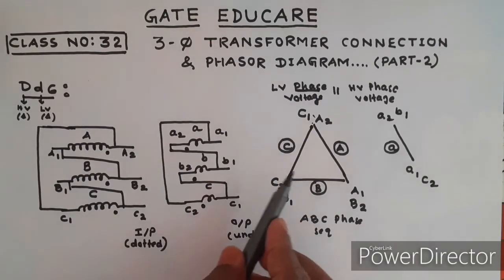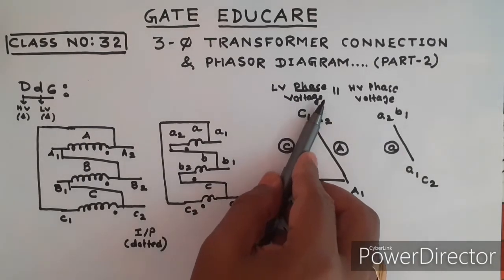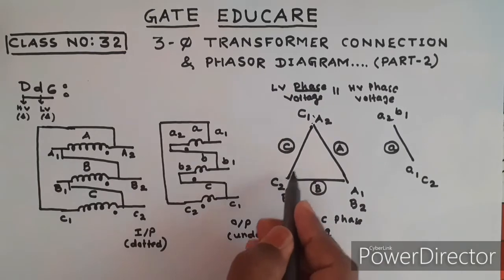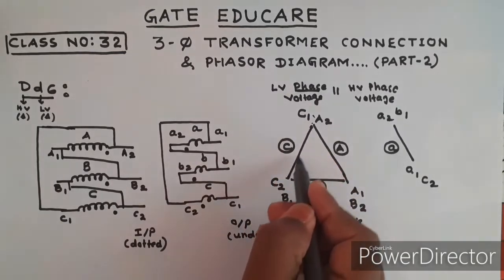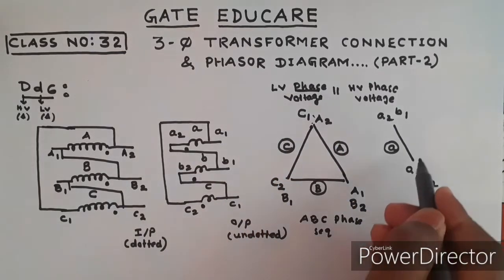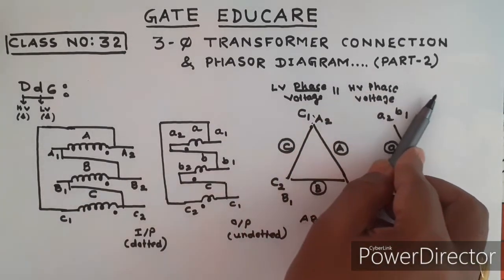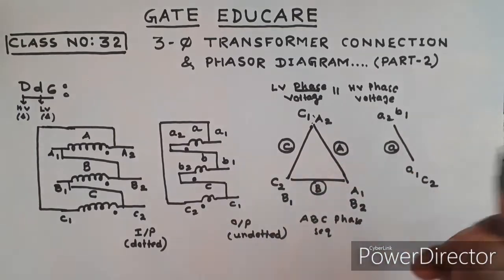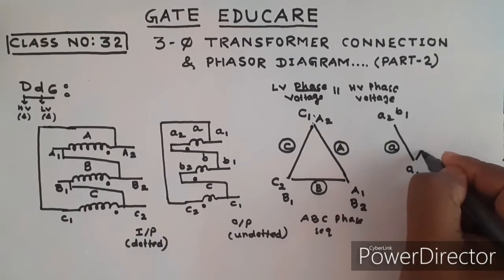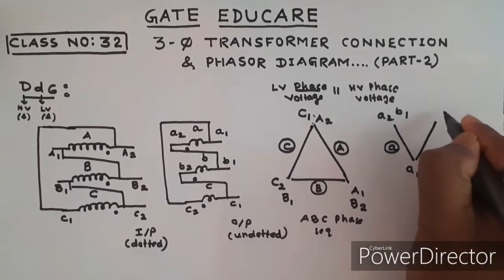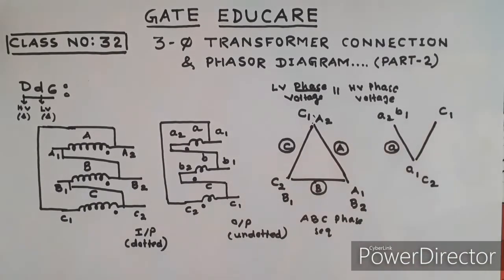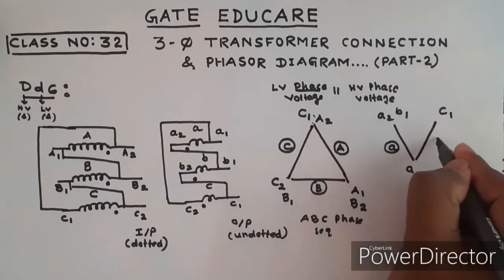Now here is C2, C1. High voltage C2, C1 and low voltage C2, C1 will be exactly parallel. This is C2, C1, that will be the C2, C1. This is your C phase.